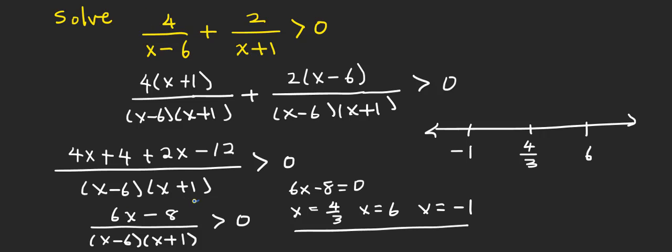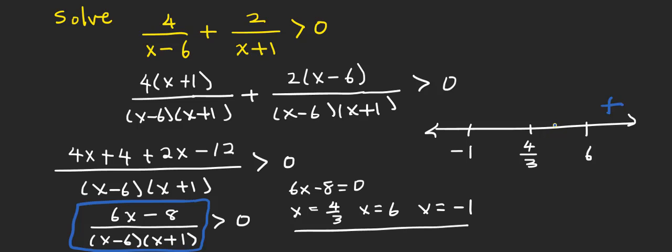Now we've got to find the test values and plug them in. We need to use this form since it's already factored. What's a nice number to choose from here? Let's choose 10. When you plug in 10, you get positive, positive, and positive, so positive. What about over here?